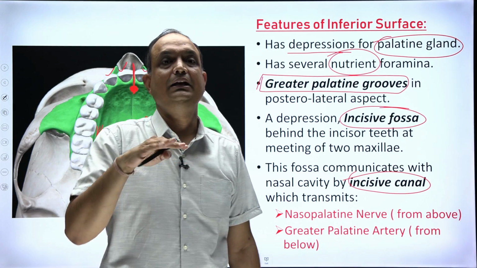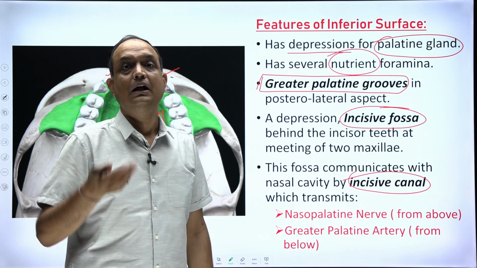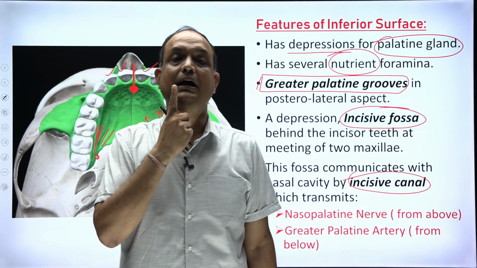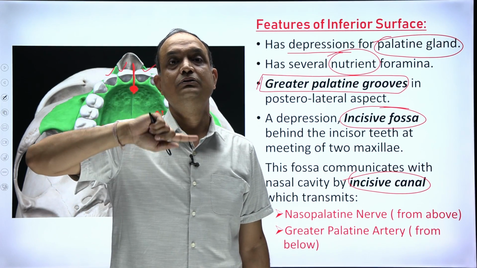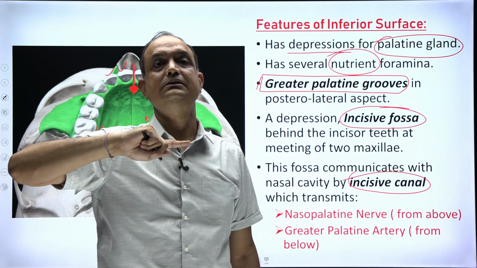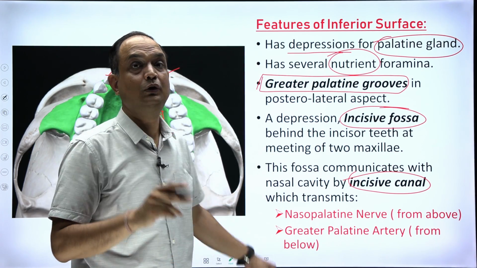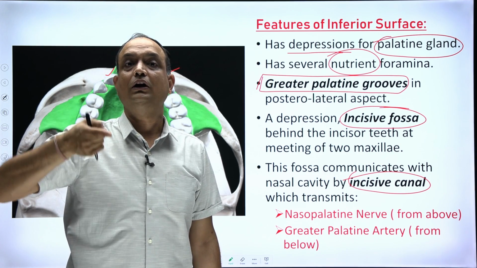So that is the area known as the lateral incisive canal or incisive canal. It is a communication between the nose and oral cavity behind the incisors, but it is not open because it is covered by the mucosa, and there are two important things transmitted through this canal. What are they?